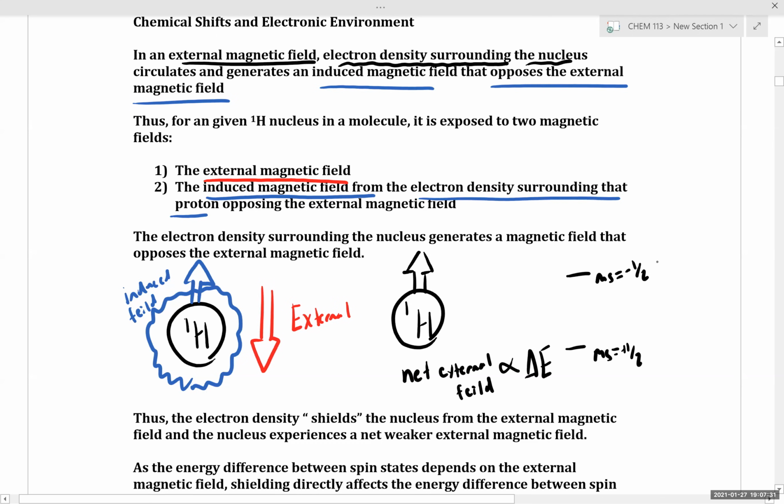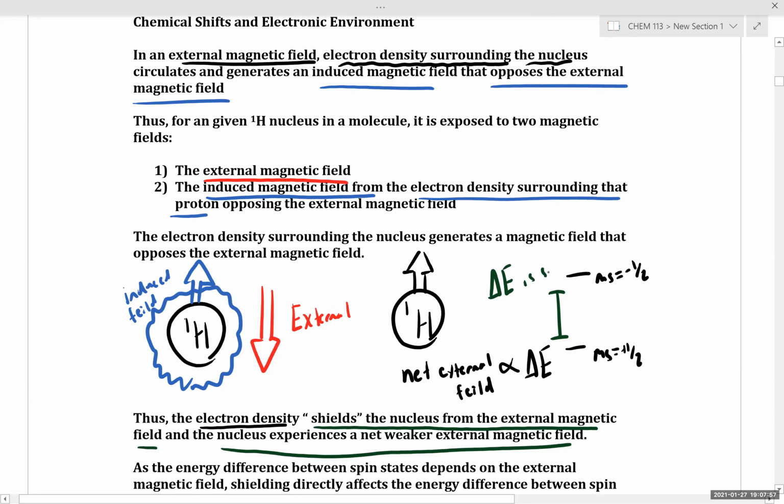Further, we can conclude that the electron density that surrounds our proton can, quote unquote, shield the nucleus from the external magnetic field, and in turn, the nucleus experiences a net weaker external magnetic field. So as a result, our delta E, our difference in energy between spin states, is smaller with shielding.